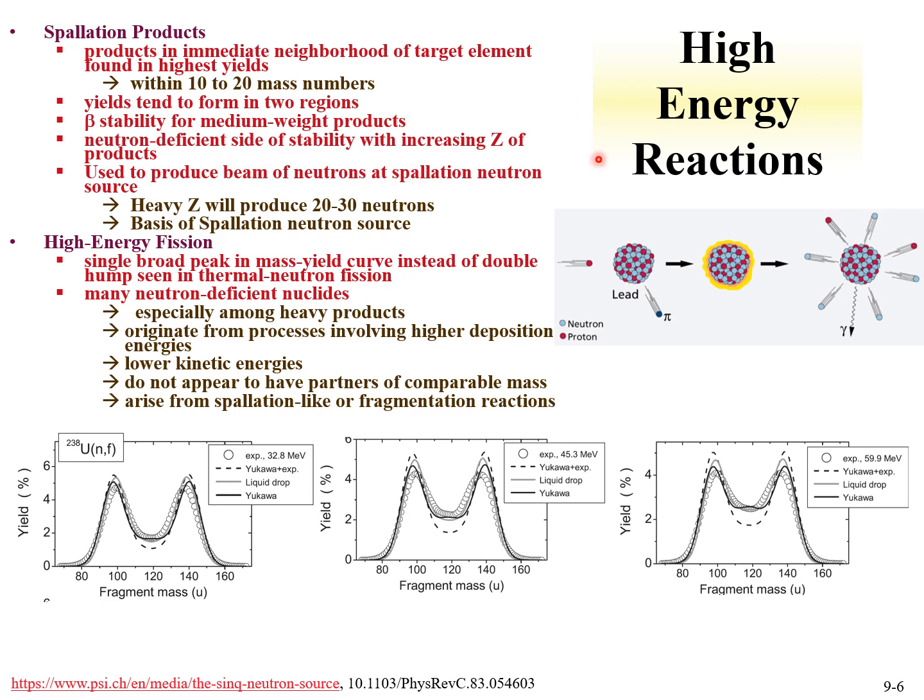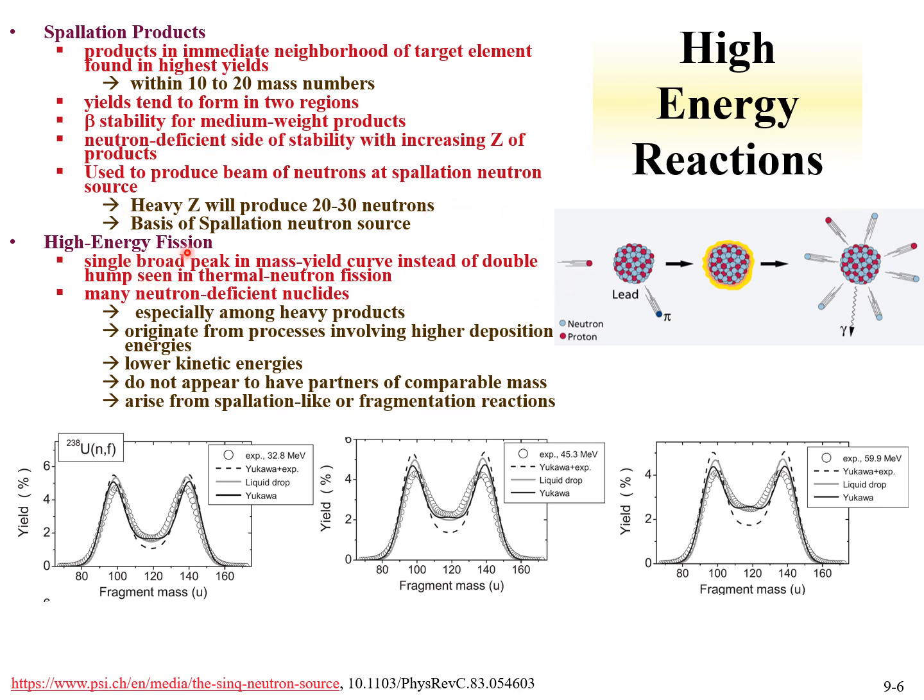An example here is shown for lead, where a high energy proton, hundreds of MeV, impinges upon lead and excites the lead nucleus with the emission of neutrons and protons. You'll tend to make beta stable, medium weight products, and this route, spallation, is used to produce neutrons at spallation neutron sources.